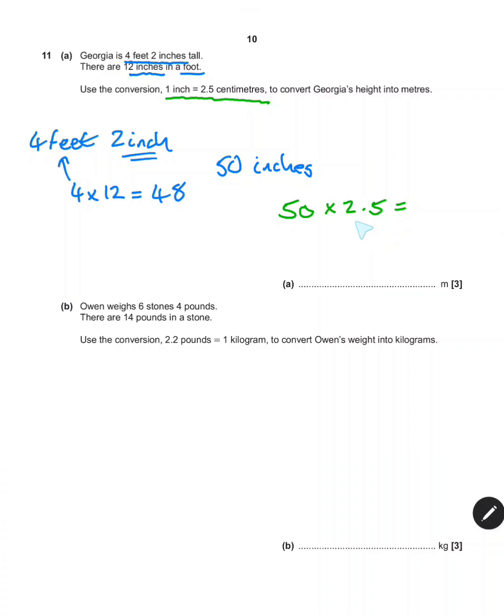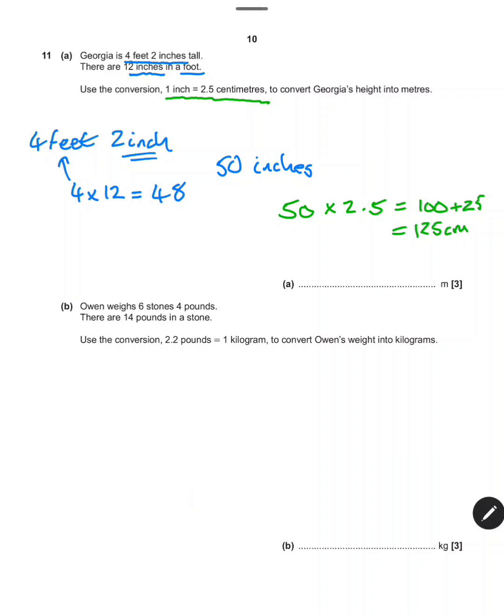This is not as difficult as it might look. We're going to do 2 times 50, which is 100. And then 0.5 times 50 is just a half of 50. So I'm going to do 100 add a half of 50, which is 25. She's 125 centimetres.